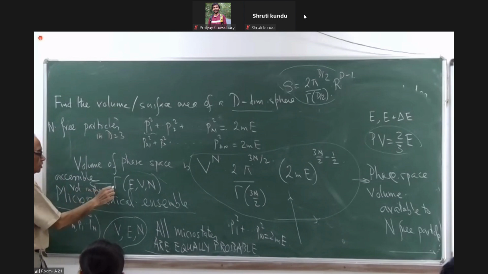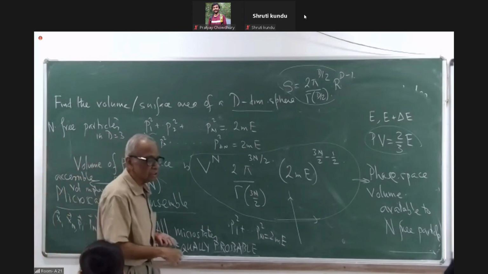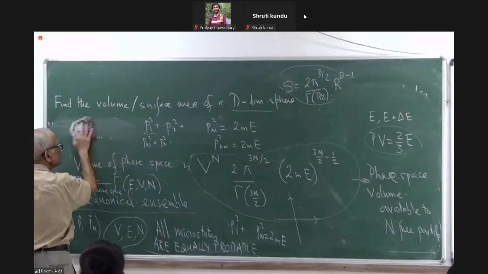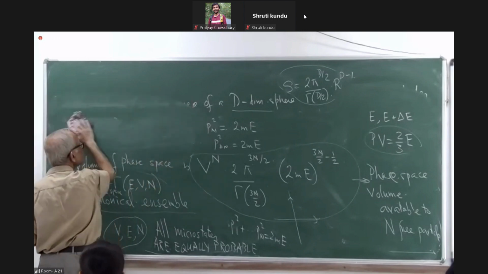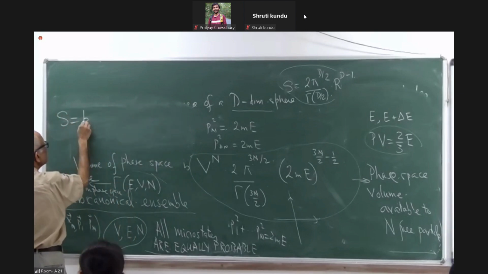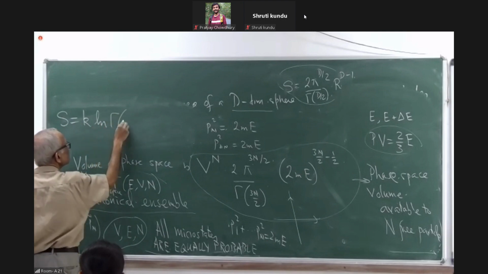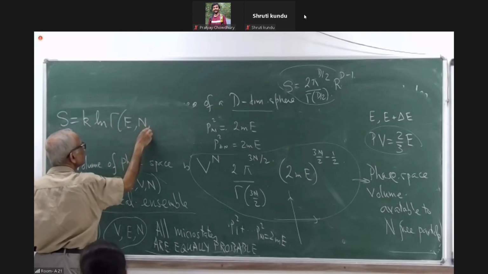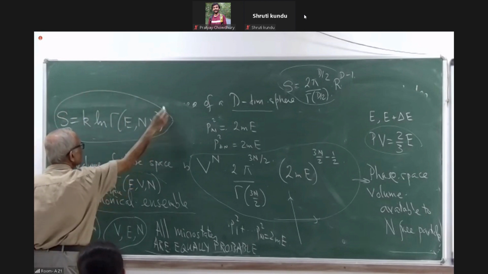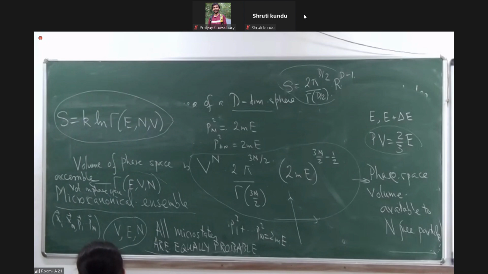And what does it have to do with anything thermodynamic? Therefore comes the next big statement, that the entropy is what is connected: the microcanonical entropy is found from S equal to k log Gamma.